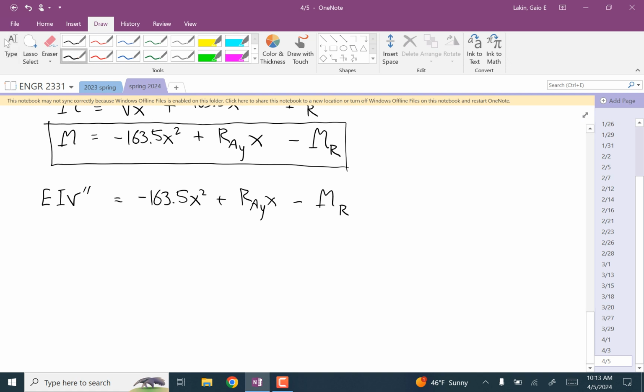And so integrate both sides once, you get EI V prime is equal to negative 54.5 x cubed plus RAY over 2 times x squared, sorry, this should be x squared, minus MR x plus the first constant of integration.